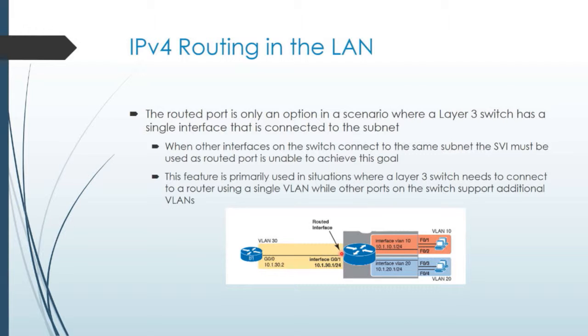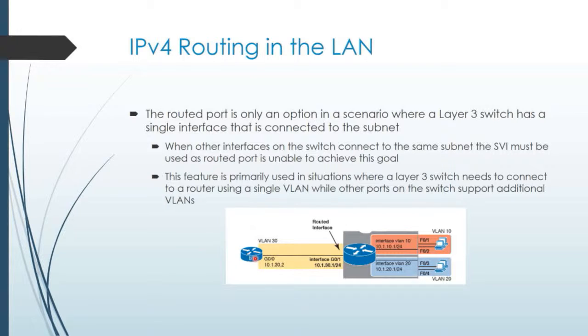Then on the other side though, we've got an interface that's connected to a VLAN that's simply the layer 3 switch and maybe an edge router. Okay? So there's only one interface that's even connected to that VLAN. So there's never a reason for that interface to act as a switch port. Instead, that's the situation where we turn it into a routed port.